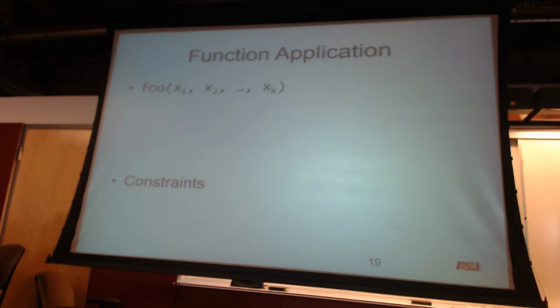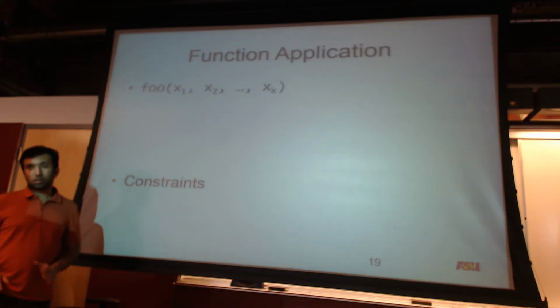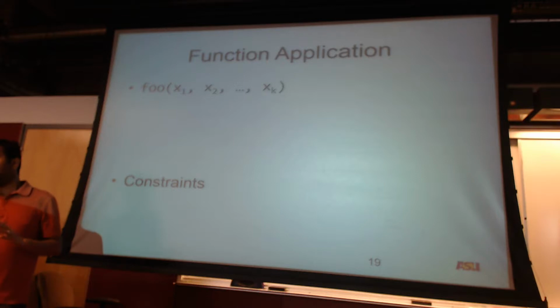Then we have function application. Now there are two concepts: function application and function definition. These are two separate concepts with respect to type discussions. When we are discussing type, the application and declaration are two separate concepts. What is declaration?